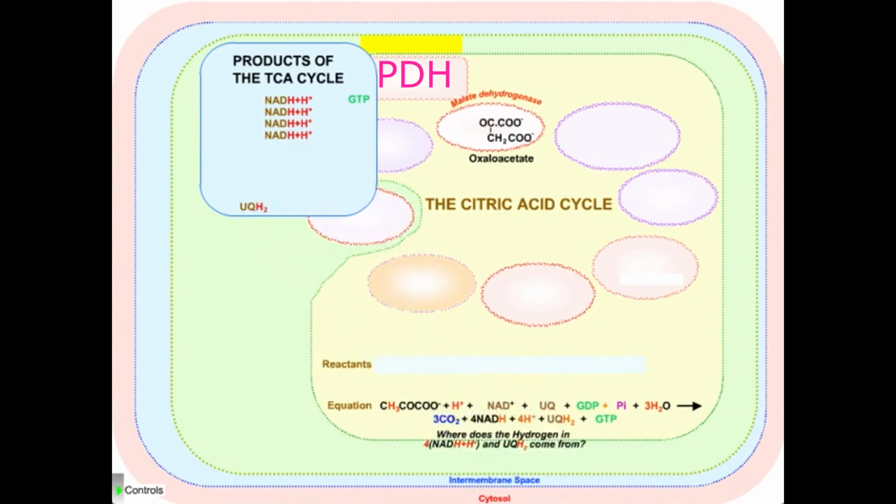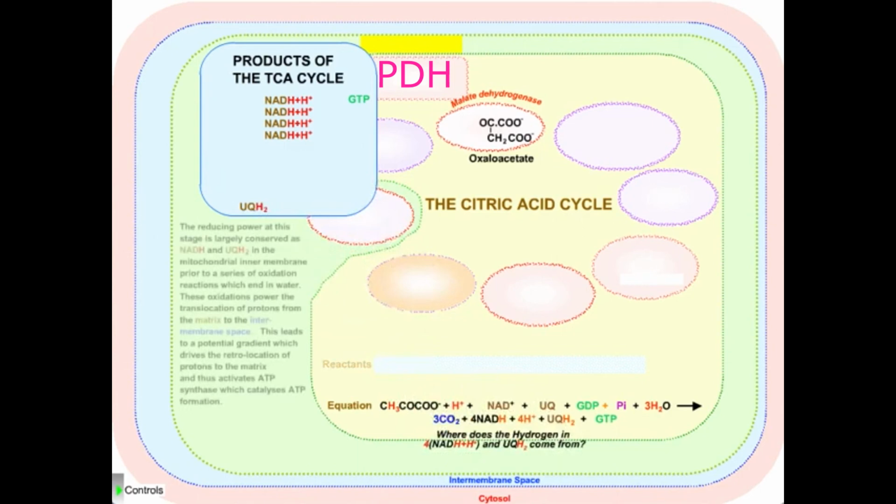As shown on the left-hand side of the animation, the hydrogen in our NADH and FADH2 comes from the reductions that occurred throughout the single cycle. These are conserved in the NADH and FADH2 and stored in the mitochondrial inner membrane until oxidation reactions are necessary, which would form water as the product.